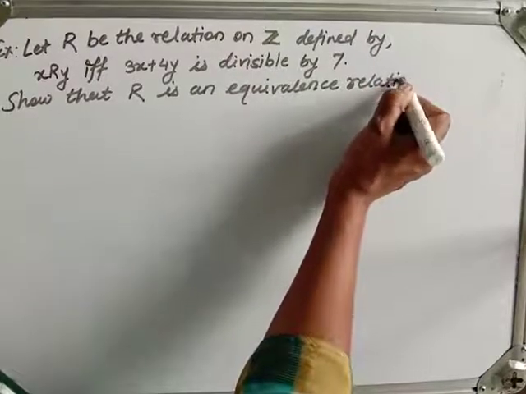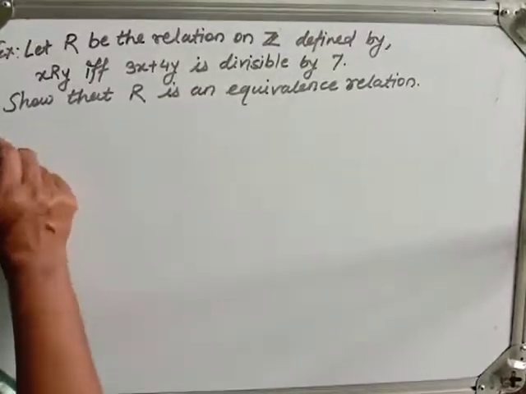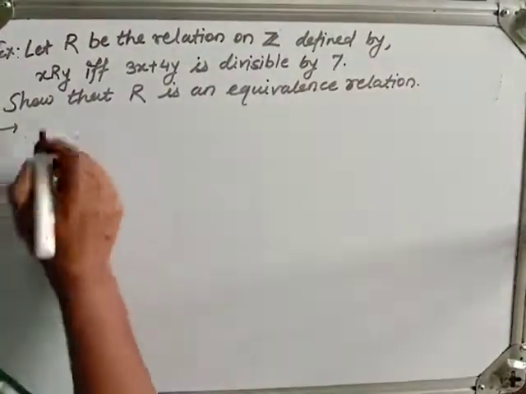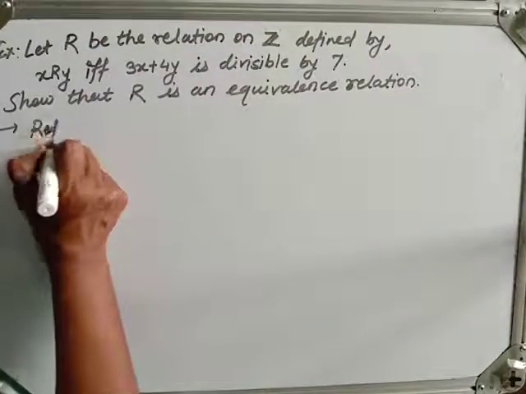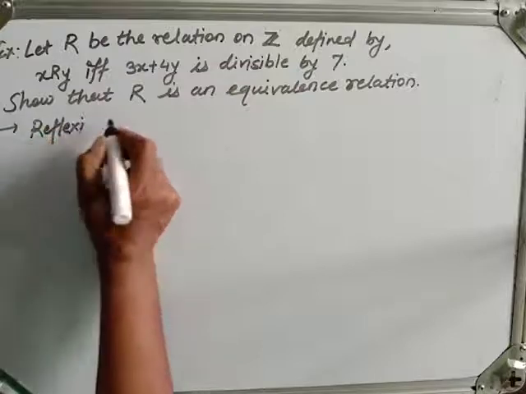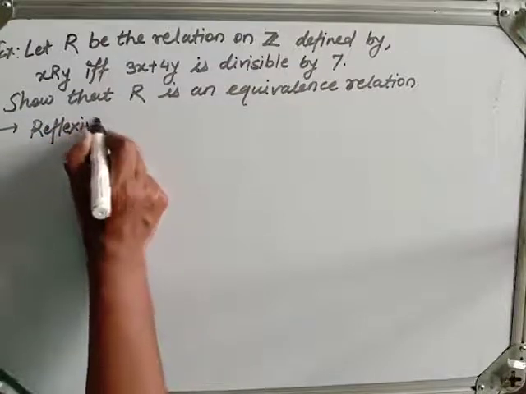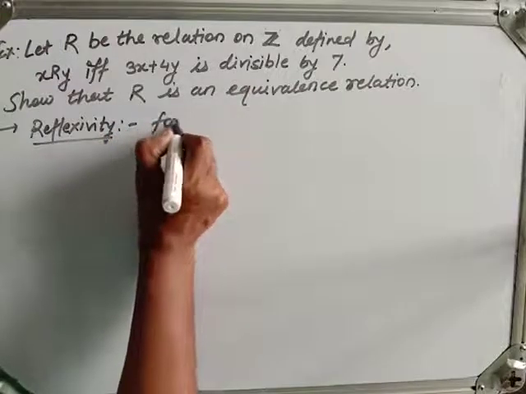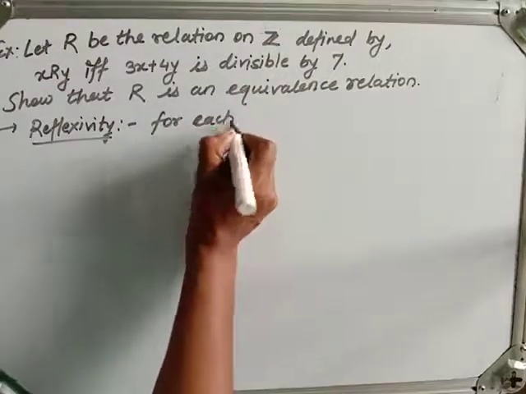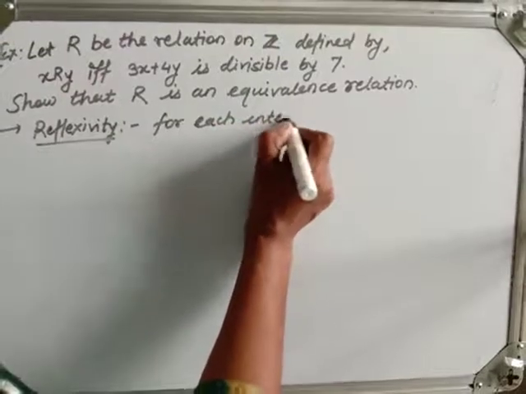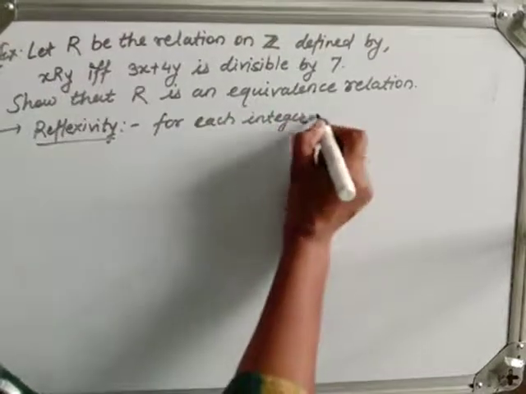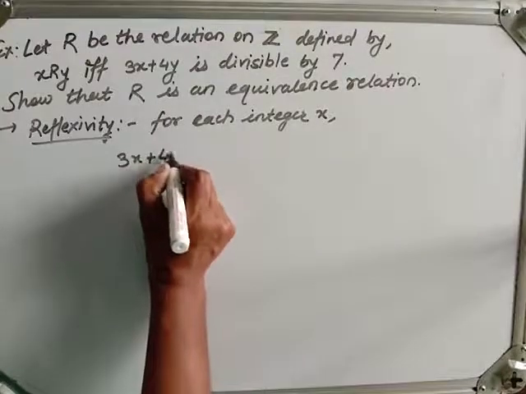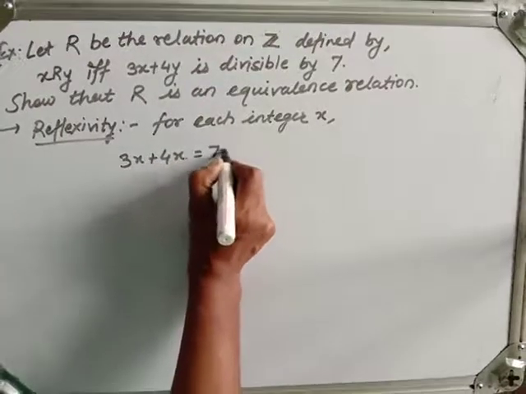So to show that R is an equivalence relation, our aim is to show that it is reflexive, symmetric as well as transitive. So let us check the reflexivity. Now here for each integer x, 3x plus 4x becomes 7x.